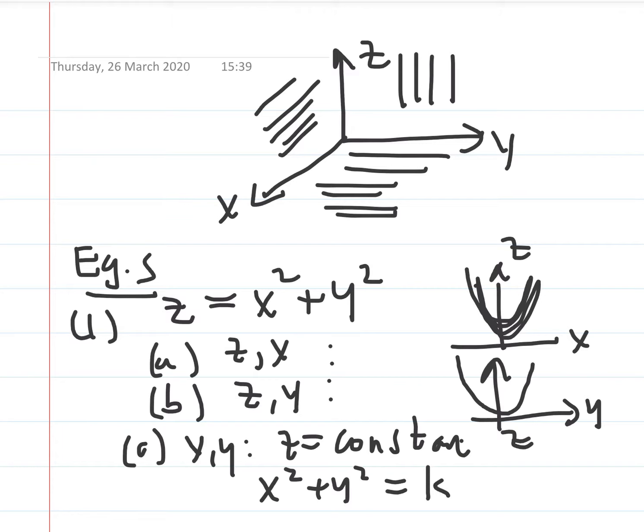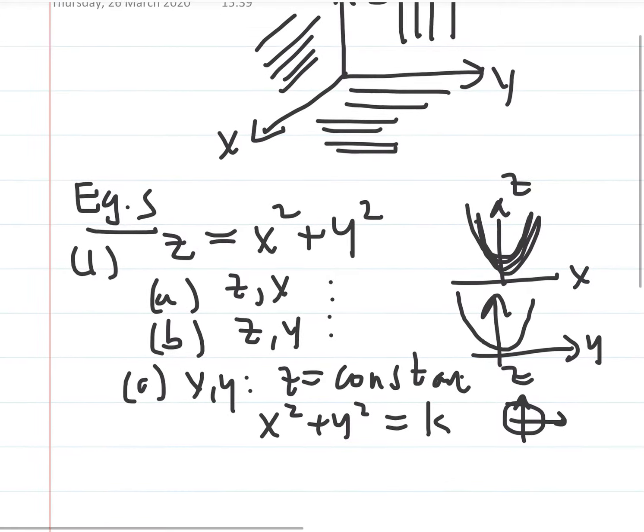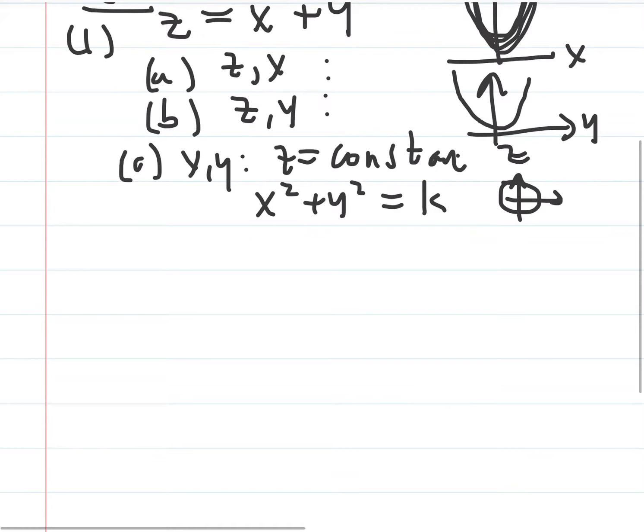And we know that this in the xy system is a circle. So there's your xy system, and what we get are circles. And what we need to do is to put these three things together on the resultant three-dimensional system.